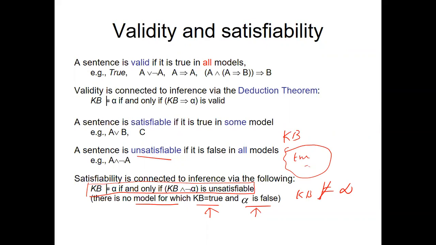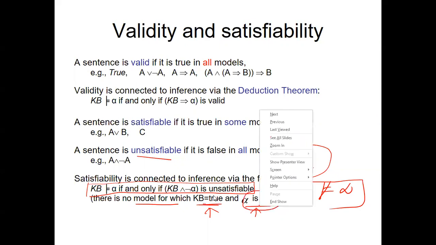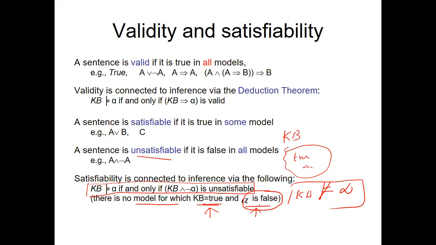So this should not happen. There should not be even a single case for which KB is true and alpha is false. If KB is true, alpha should be true. So we say that this should be unsatisfiable. Then we can say that KB entails alpha.